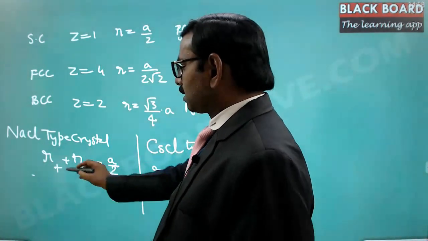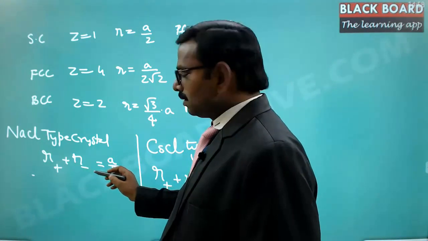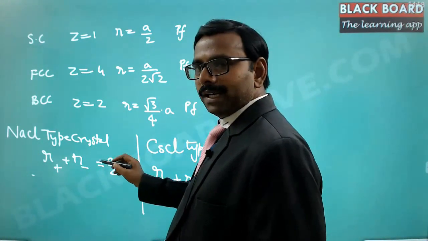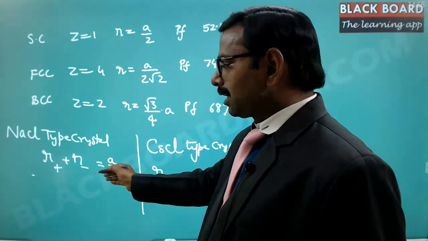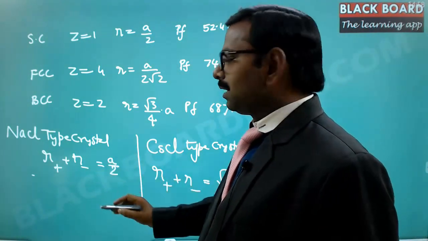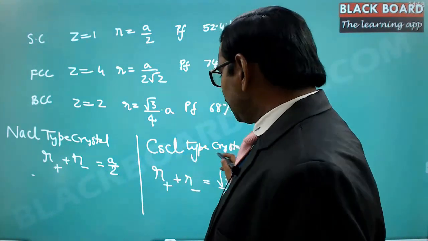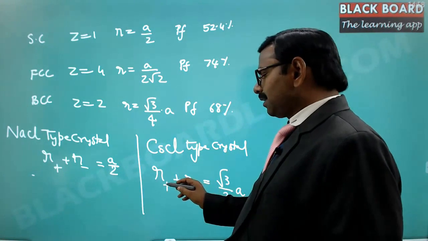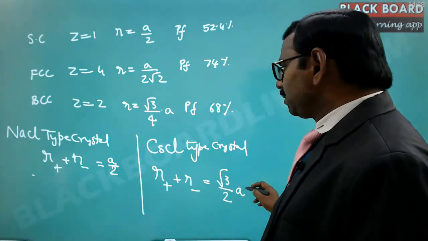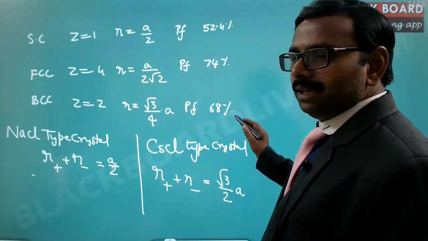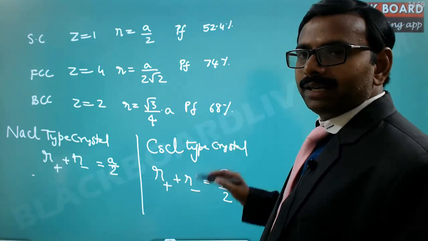NaCl is also called rock salt. For rock salt type crystals, this is the formula to calculate the edge length or radius. For a cesium chloride type crystal, it is root 3 by 2 into A. These are the important results in Mains and NEET.